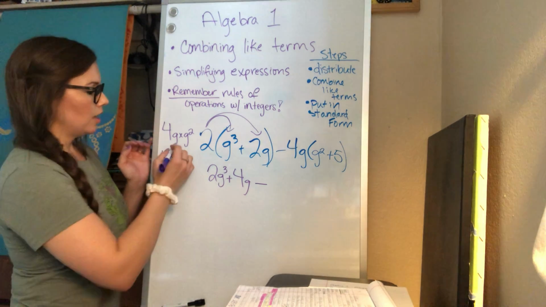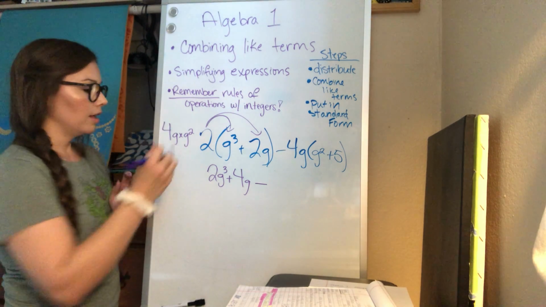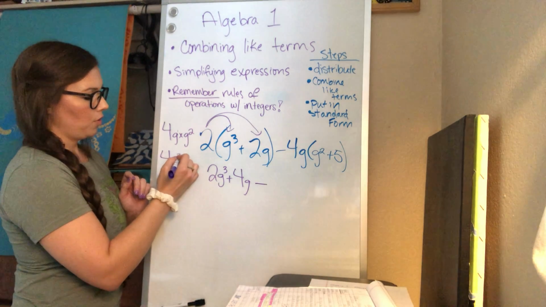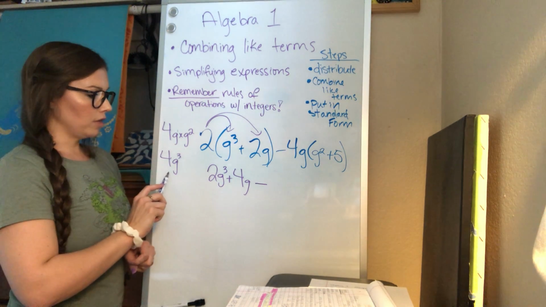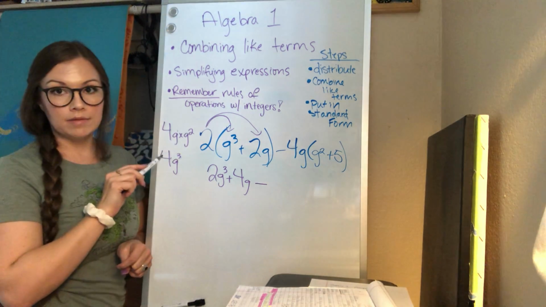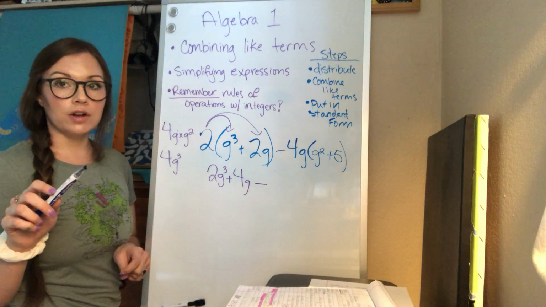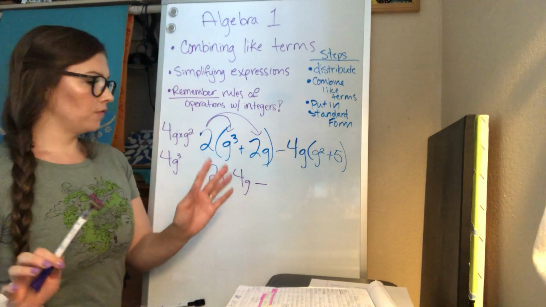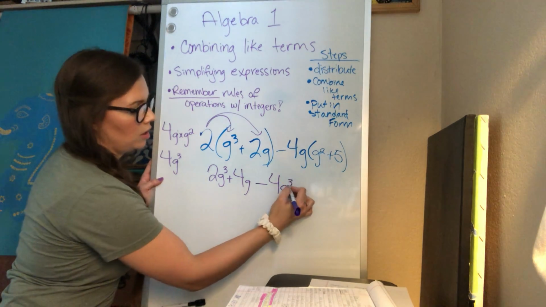Okay, and now, because I'm multiplying a g times g squared, there's an invisible 1 up there, right? So 1 plus 2 is 3, so it's going to become 4g cubed. Okay, that's the only way that you can change the exponents of the variables, is when you're multiplying. Okay, then you add the exponents. When you're adding the terms, you don't change the exponents, only when you're multiplying. Okay, I know it's weird, it's a little confusing, we'll get there. Okay, so negative 4g cubed.